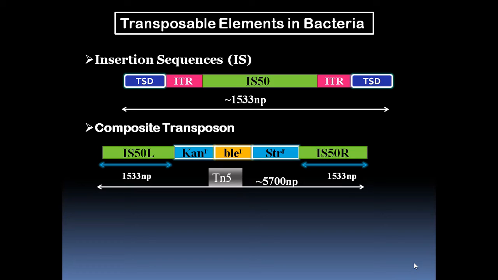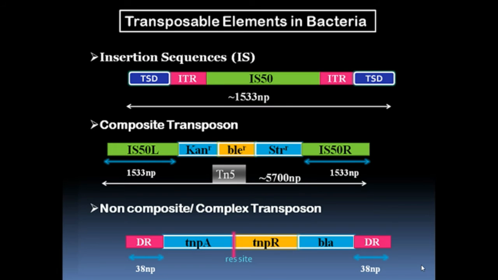Now, the third important type of transposable elements are the non-composite or complex transposons. They are generally characterized by the presence of 38 nucleotide pair inverted repeats lying on their ends, and these are the simple inverted repeats.